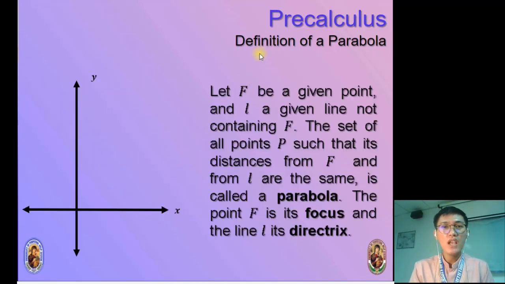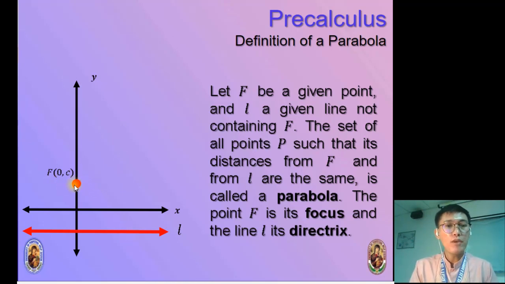Next, by definition, let F be a given point, this one, (0, c), and L be a line not containing F. This will be our directrix. So our focus here has the ordered pair (0, c). The set of all points P whose distances from F and from L are the same is called a parabola.